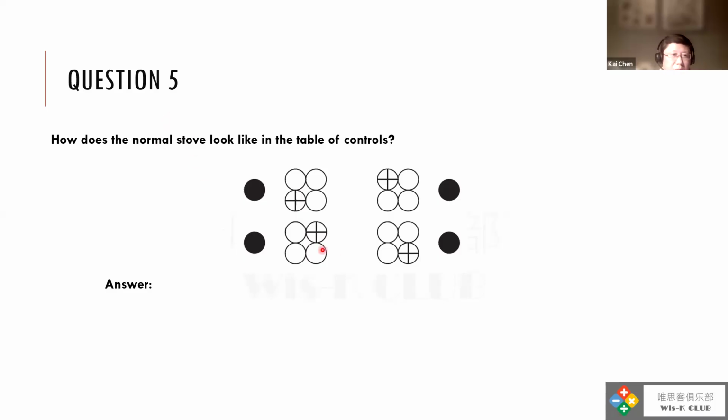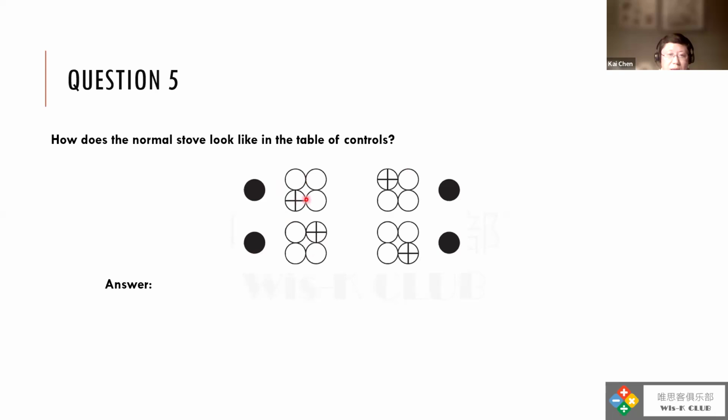For instance, what would a normal oven look like? A normal one, not so complex. The oven we have in every family, in your kitchen. So the normal one looks like this. Each button controls only one oven.